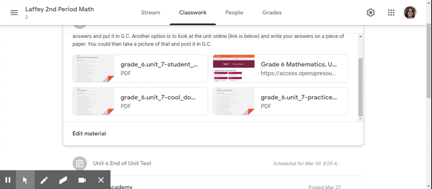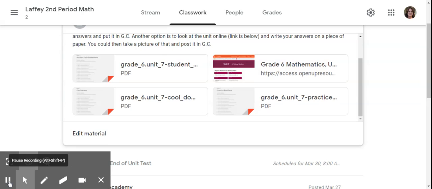All right, so I'm actually going to go to my page here. All right, so we're going to show that on the number lines.